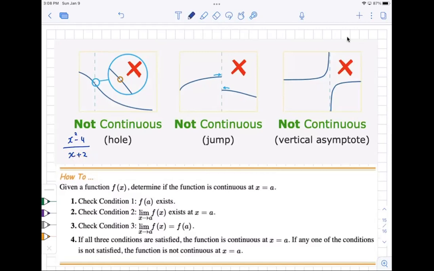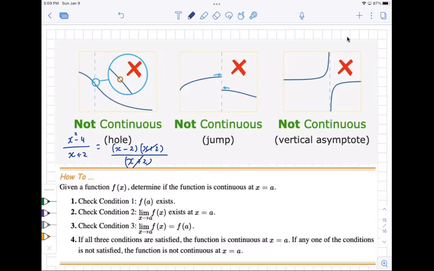If you simplify, you have x minus 2 times x plus 2 divided by x plus 2, and you can cancel out x plus 2. Then x minus 2 is continuous. However, because this equation is simplified from the original, we say that there is a hole at x equal to minus 2. That is an example of discontinuity.